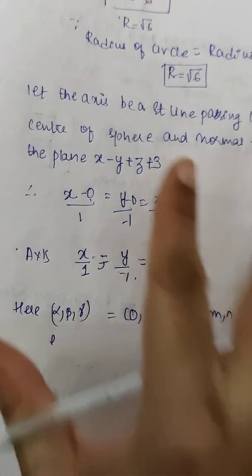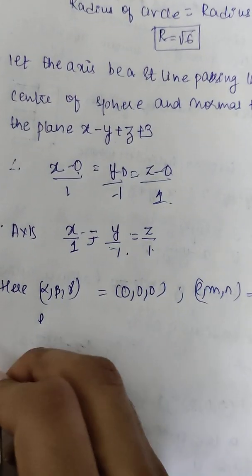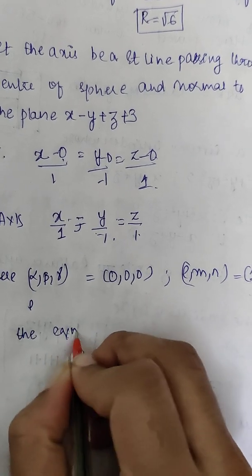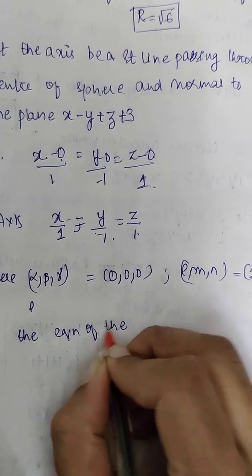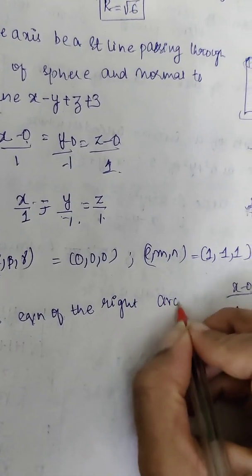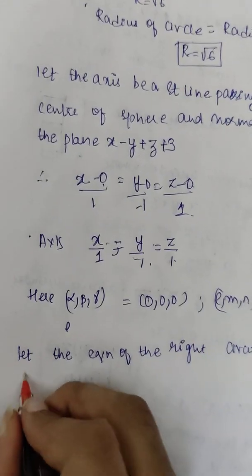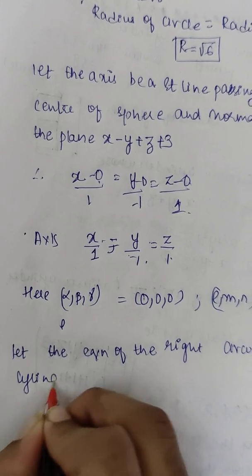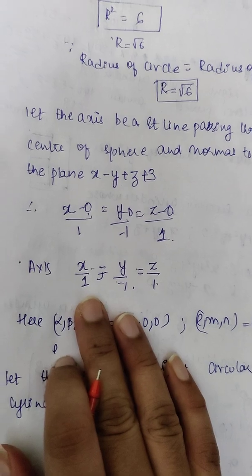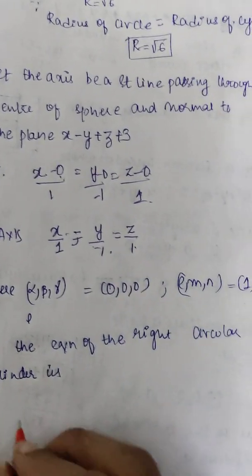So now I have to find out the equation of the right circular cylinder. I mentioned cone, girls, it is cylinder actually. I'm doing it directly, girls: l square plus m square plus n square.